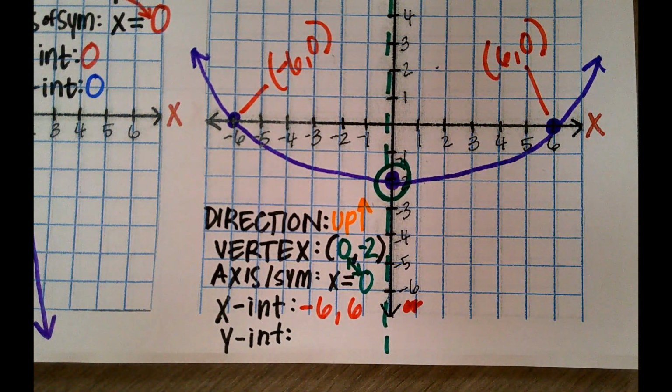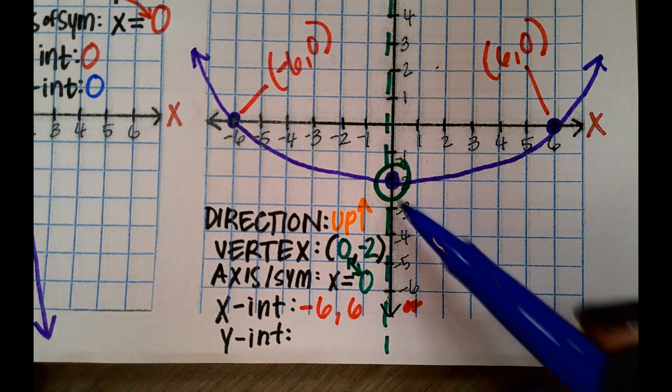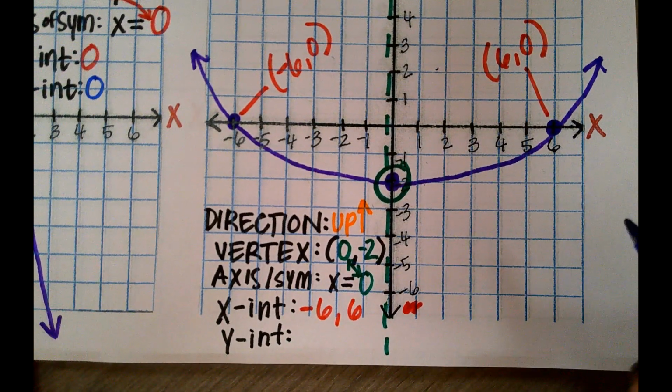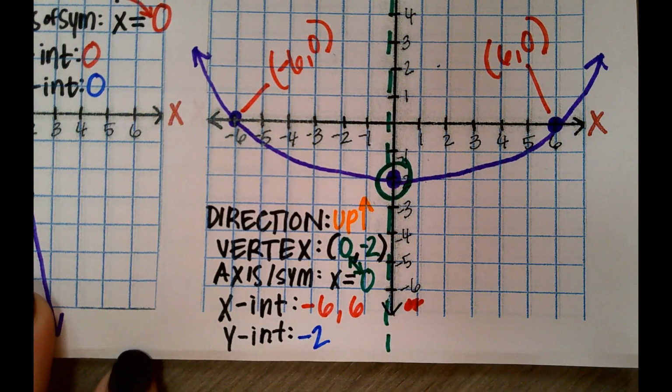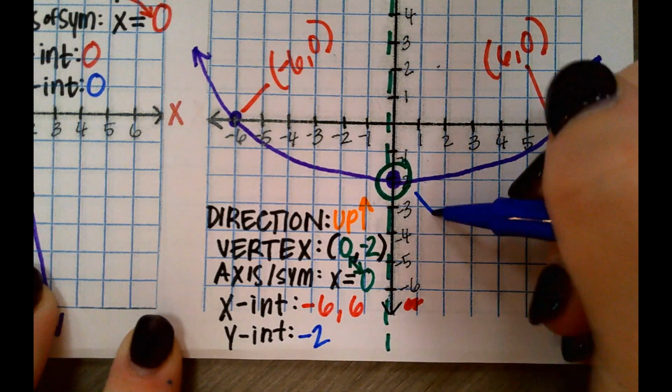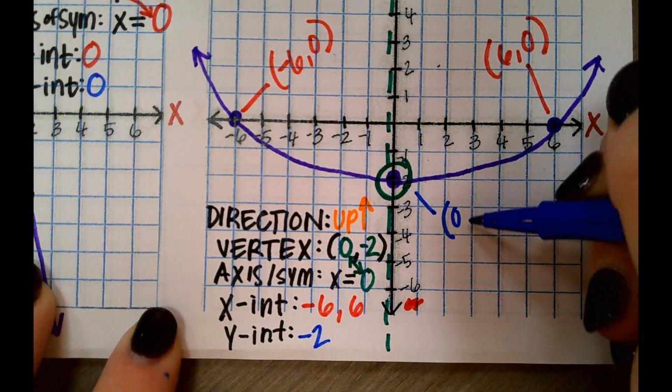Those are your coordinates if you wanted to do it that way. And the y-intercept: 0, -2, right here. Good. If you just put -2, that's fine with me. But if you want it to be a coordinate, you would write 0, -2.